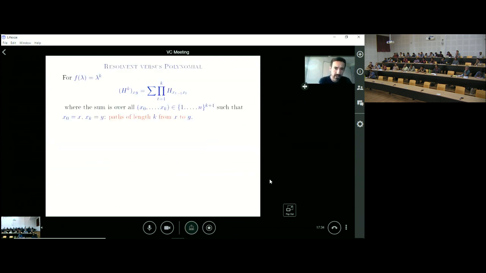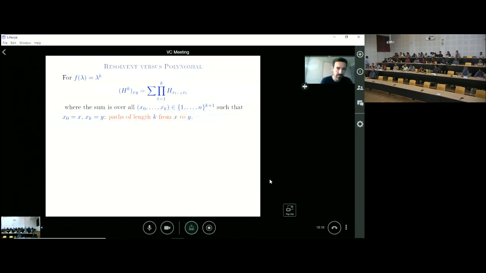There are two canonical choices of function f that you can look at. The first one is powers, or more generally polynomials. From the expansion of the matrix, the coefficient xy of your matrix H to the k can be written as the sum of products of entries, where the sum is over all (k+1)-tuples, which you can interpret as paths of length k from one point to another.